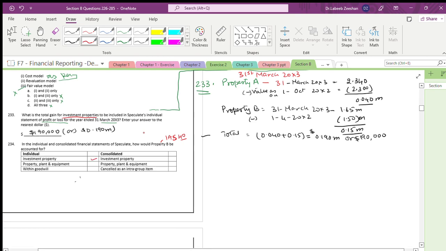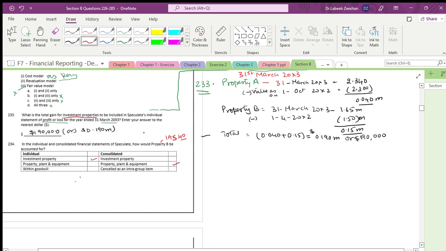If it is consolidated, consolidated means we are talking in terms of property A and property B. Forget about the individual; we are talking in terms of the company perspective. If we take the company's perspective, we will take it as property, plant and equipment.